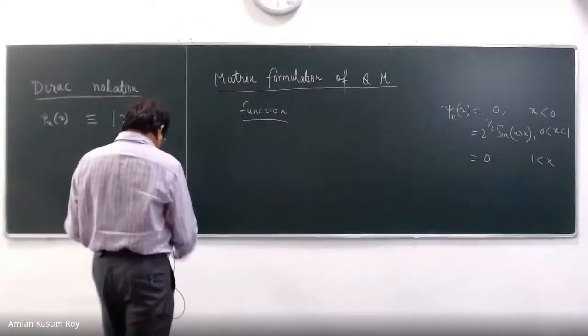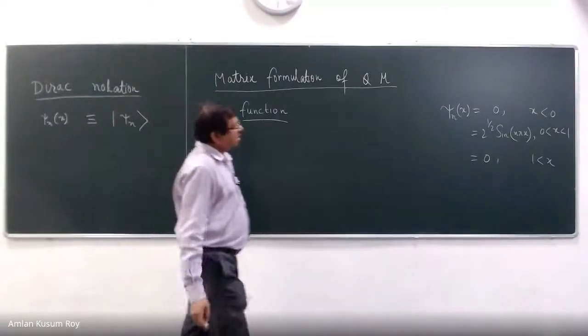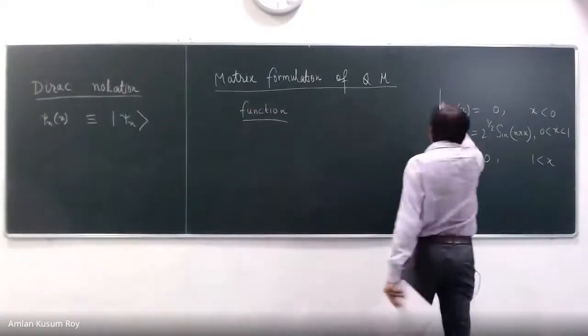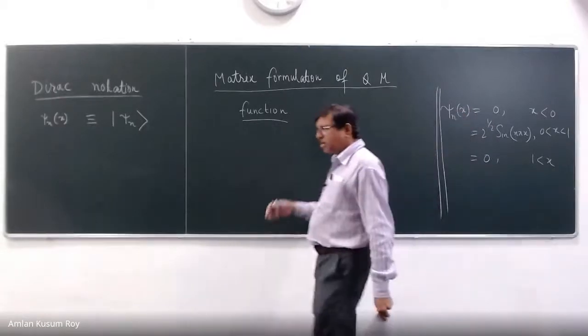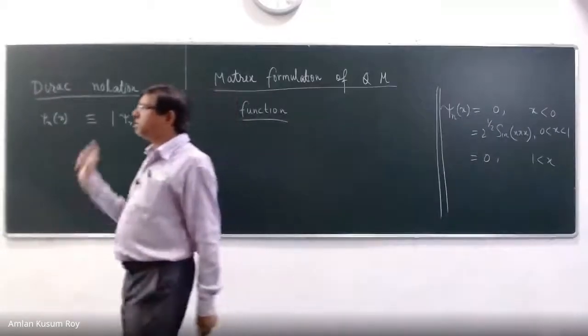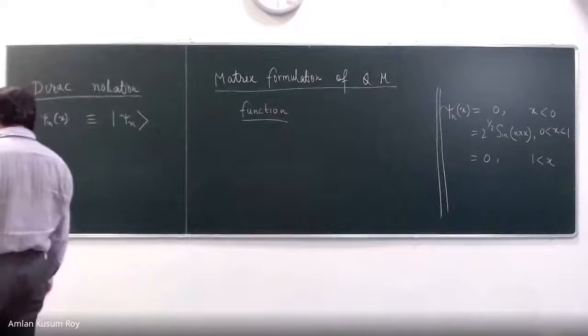So this is a set of functions I have written. All the discussion today, at least in the first part, will deal with this kind of function. It's a continuous function.